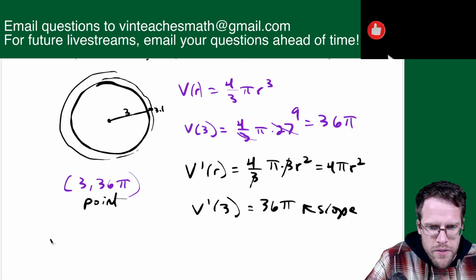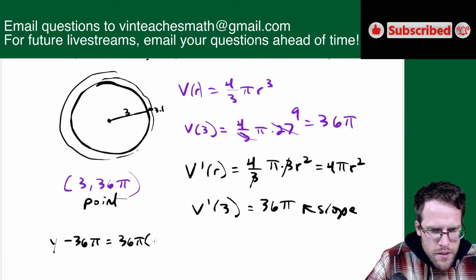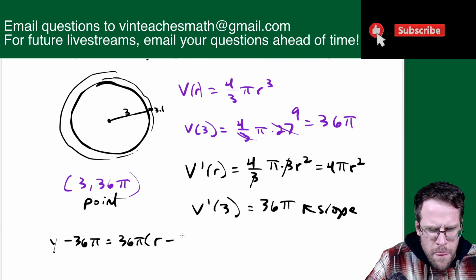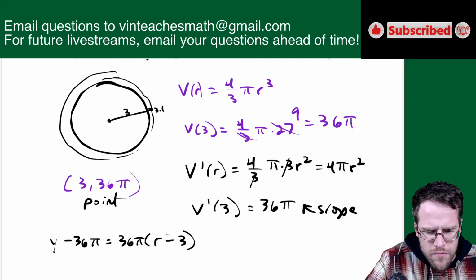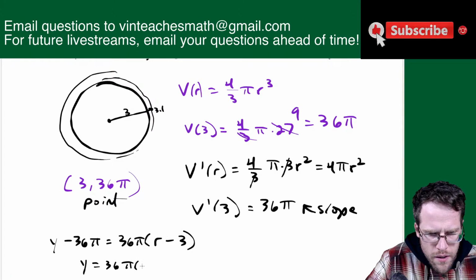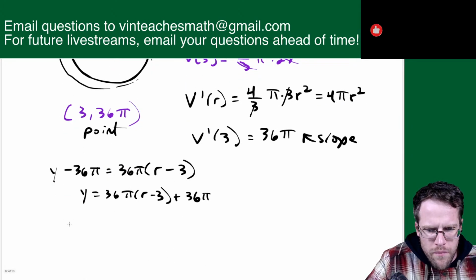So now if we write the equation of a line, it's y minus 36 pi equals the slope, 36 pi, times r minus 3. So then if we plug in, y equals 36 pi times r minus 3 plus 36 pi, and we plug in 3.1.